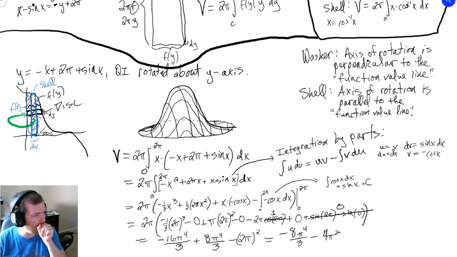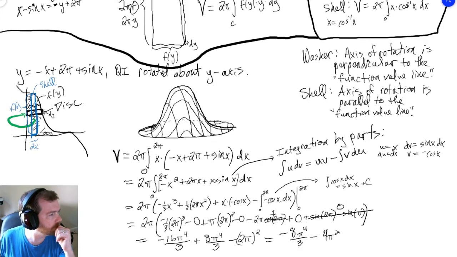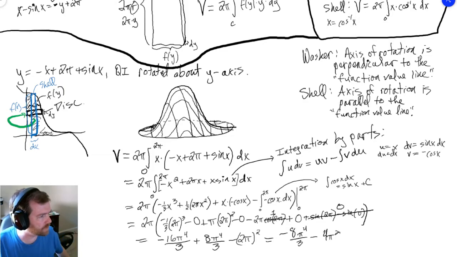Cool. Alright, 2 pi times the integral from 0 to 2 pi of negative x squared plus 2 pi x plus x sine x dx.